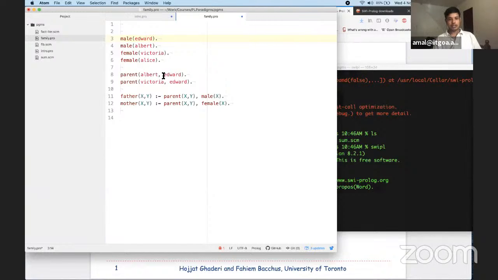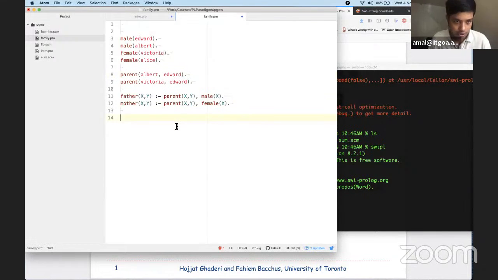These are facts. Already you see that facts need not be just unary, they can be binary also. Here the relation parent is between two atoms. These things, Edward, Albert, Victoria, Alice, are called atoms. So relations need not be just unary predicates, they can be binary predicates also.